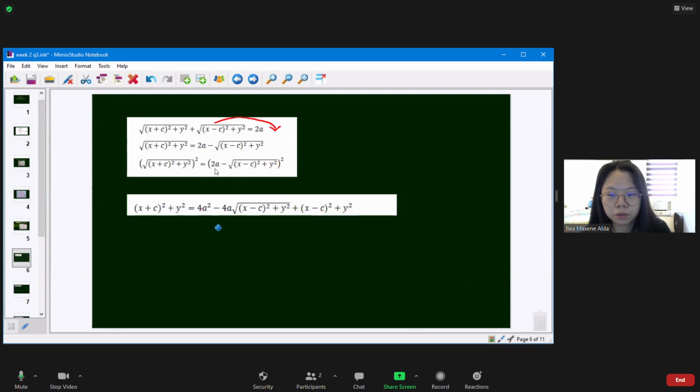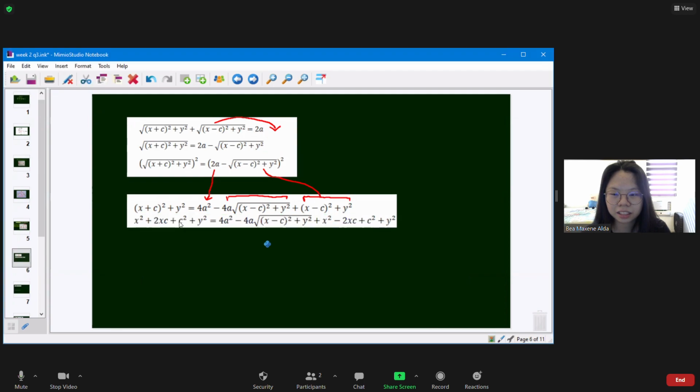Yan. And then, of course, the process of squaring a binomial. So, square yung first term right here, magiging 4a squared. And then twice the product of the two terms, which is right here, 4a squared times the square root of (x minus c) squared plus y squared. And then, of course, the square of the last term. So, same lang, nawala lang yung square root.